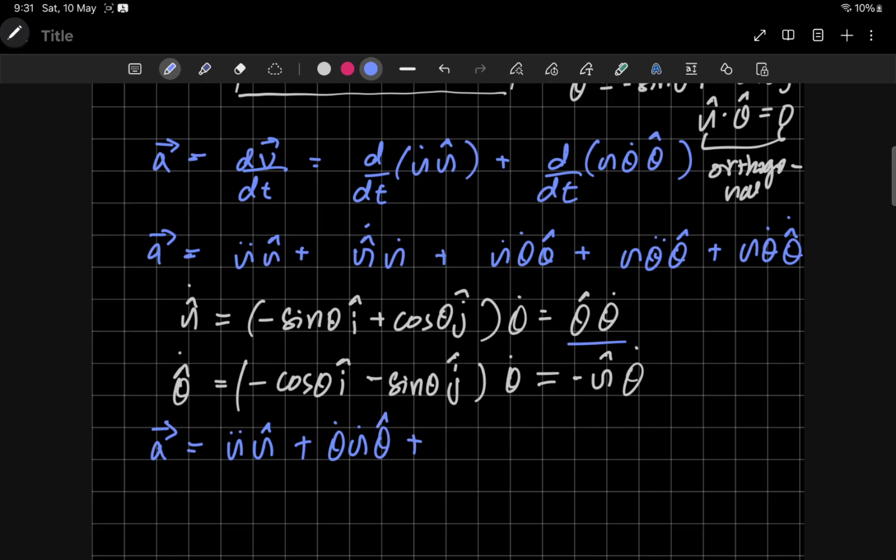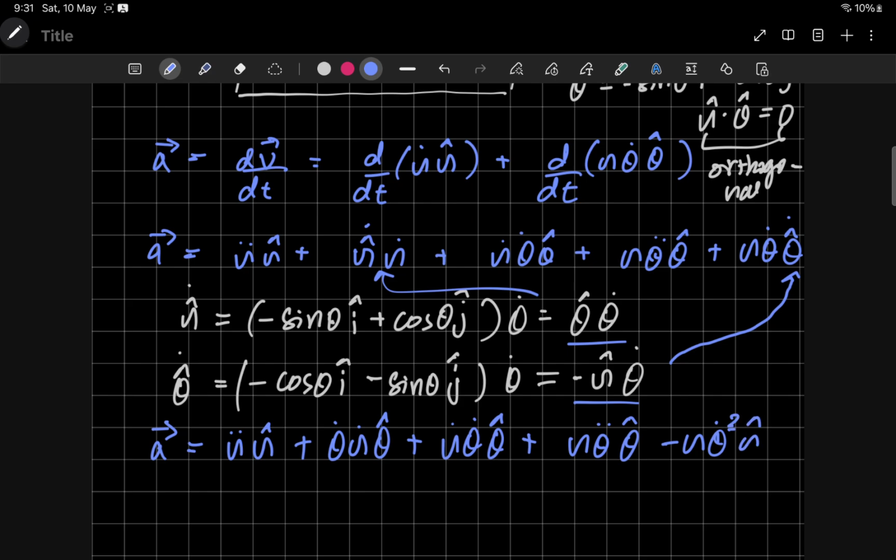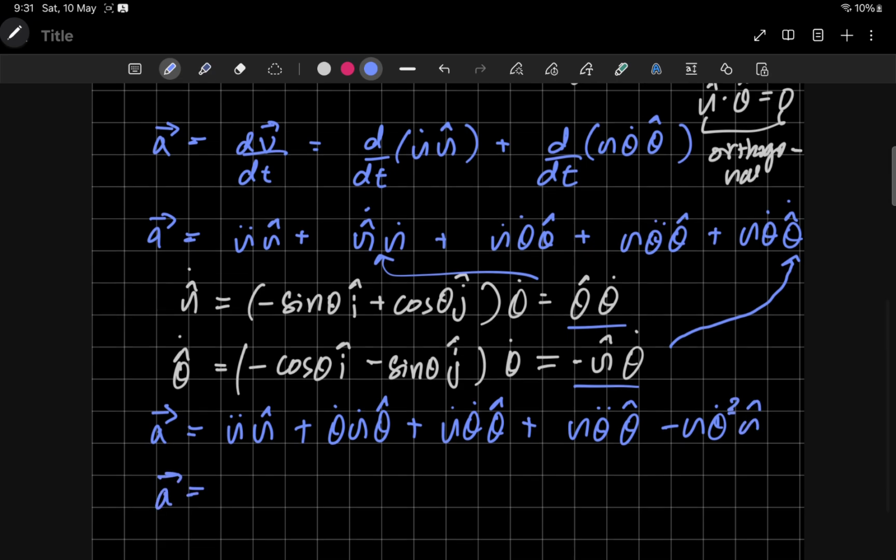I'm just substituting these into this, plus r dot theta dot theta cap plus r theta double dot theta cap minus r theta dot squared r cap.